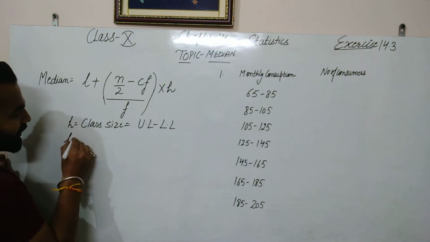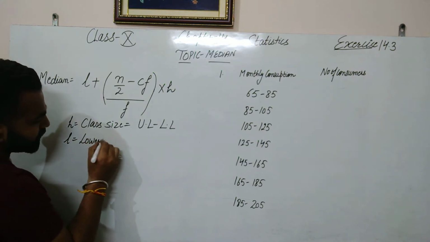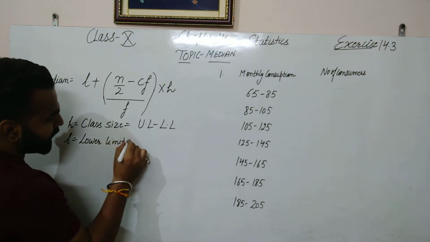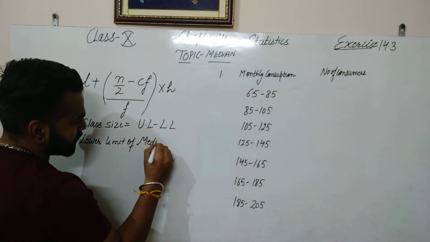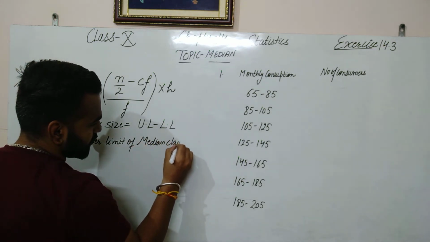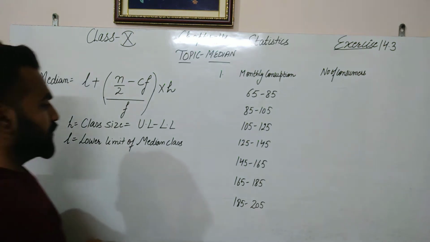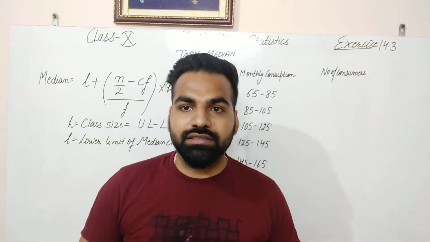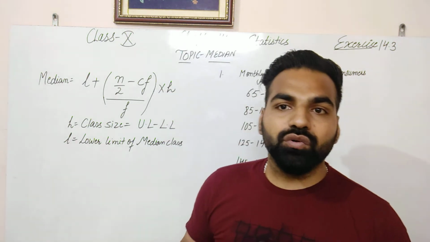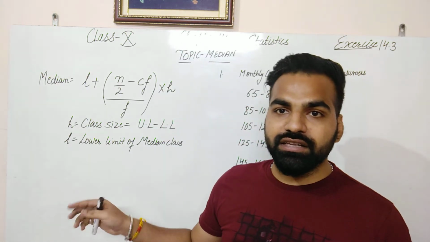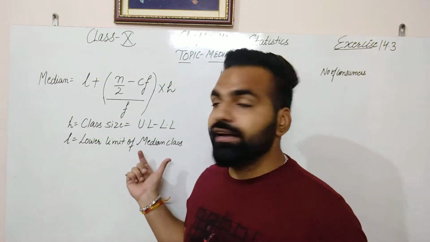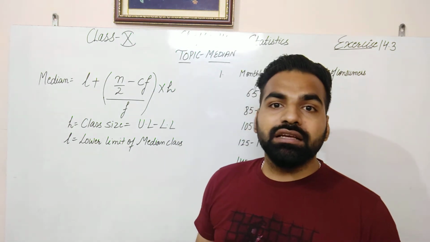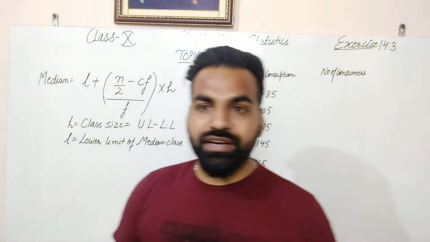Next, L is the lower limit of median class. Like in mode, L was the lower limit of modal class. Modal class means the class interval in which mode will lie, and here the median class means the class interval in which median will lie.